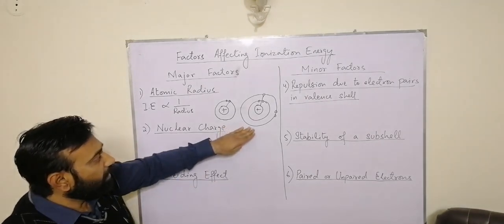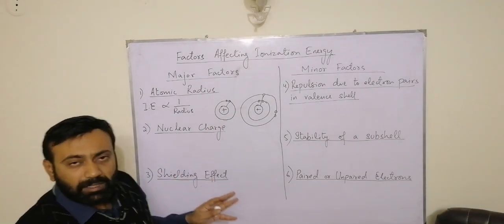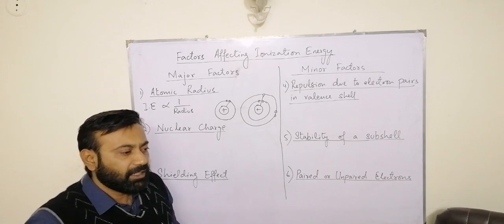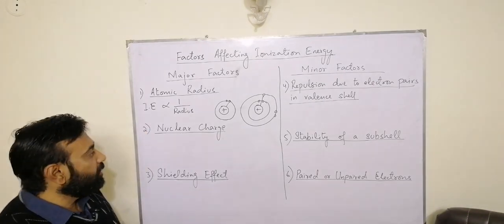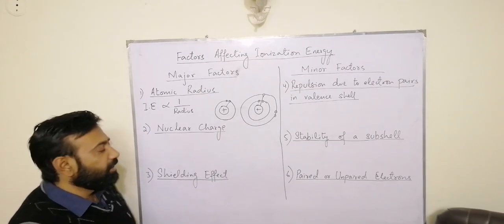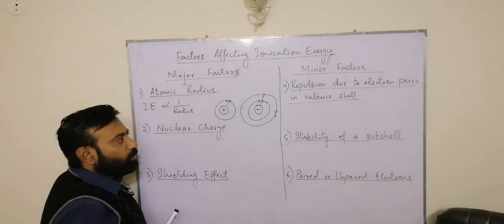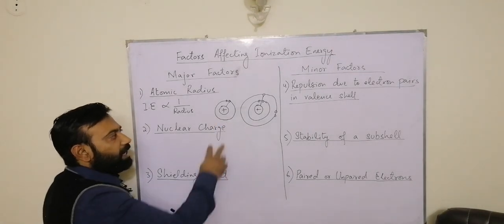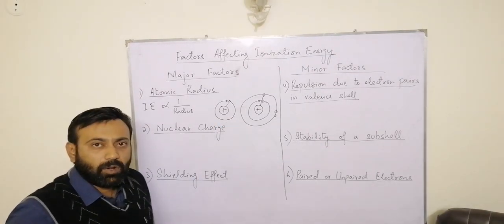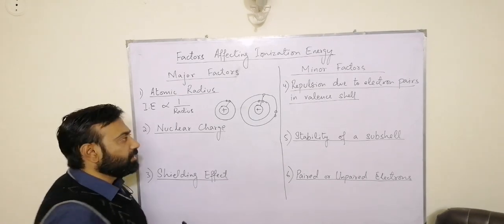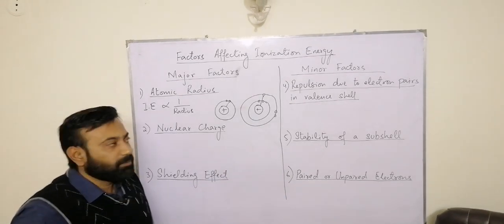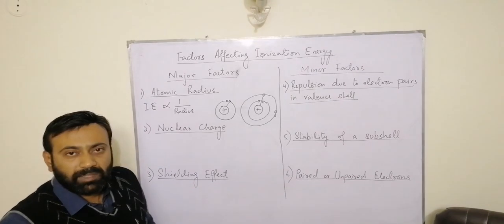So this is the major factor. This is in fact the most important factor that affects ionization energy. If we compare these 2 atoms, this atom will have a higher value of ionization energy as compared to this one. This is because of the difference in atomic radius.